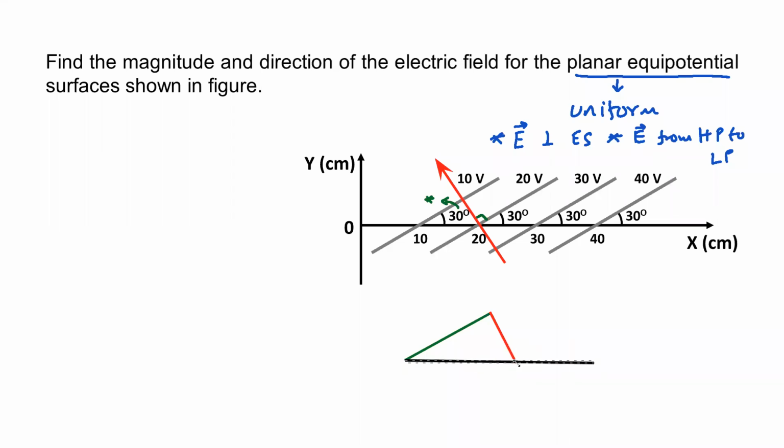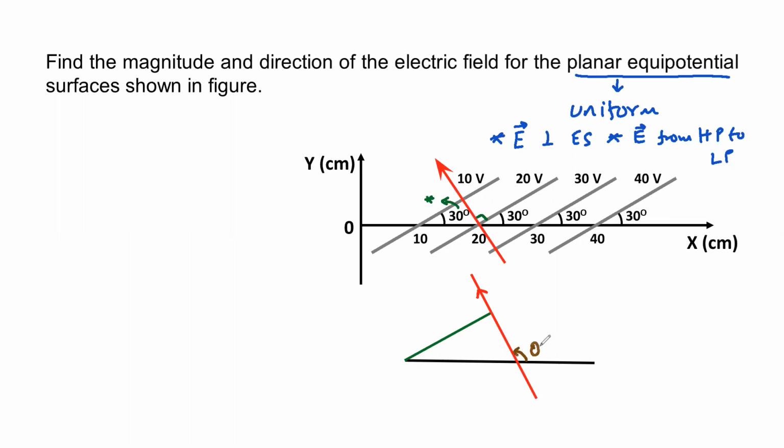Let me just extend these lines anyhow. This is our x-axis. This right here is our equipotential. Oh, sorry. This right here is our electric field line. You can see that this is our electric field line, right? Now, this particular electric field line is making this angle with the x-axis.